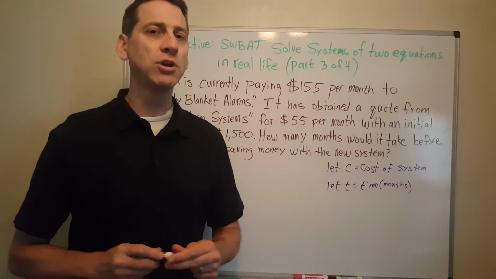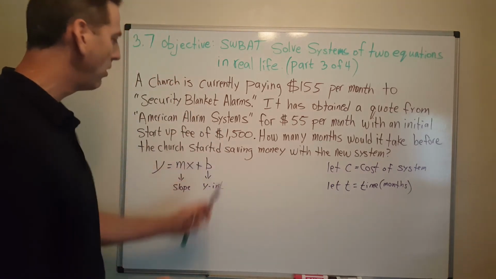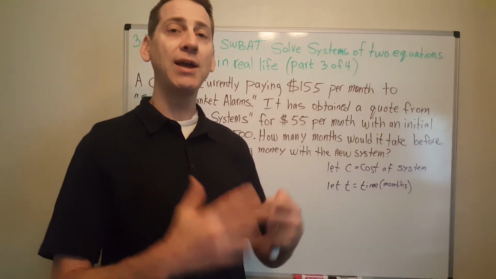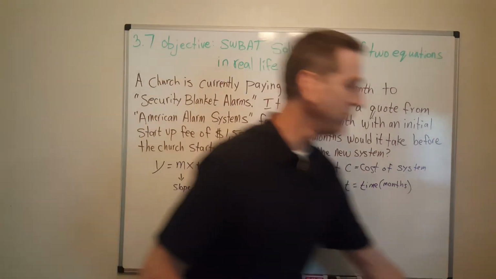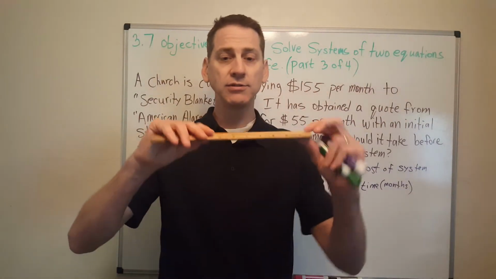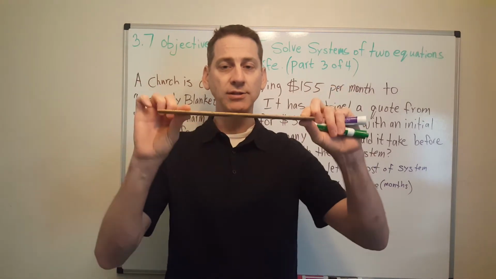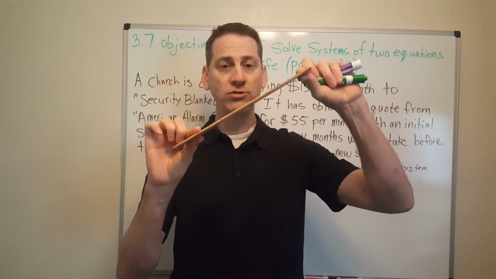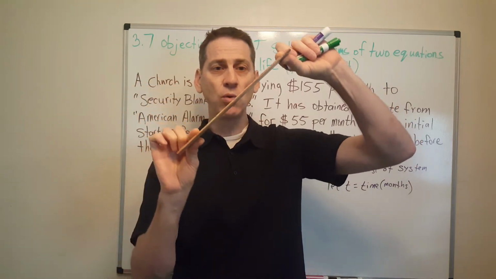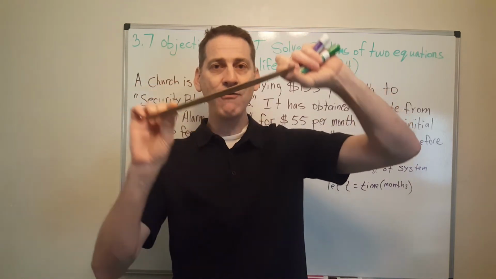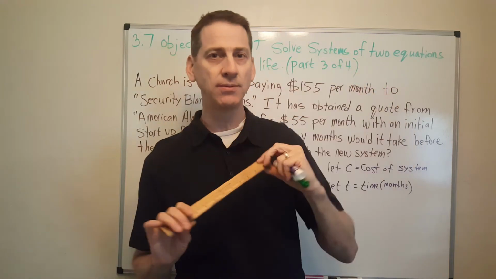Okay? I'm going to show you how this form relates to real-life situations. The slope just means the degree of slant. So this is a little bit of slope, more slope, a lot of slope, right? So slope is just the rate of change, how fast something's changing.